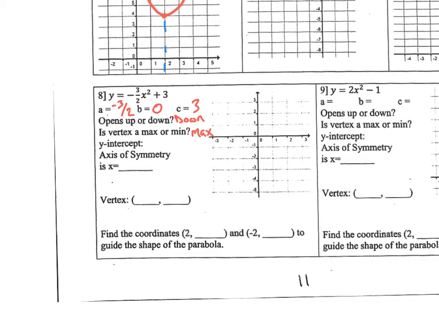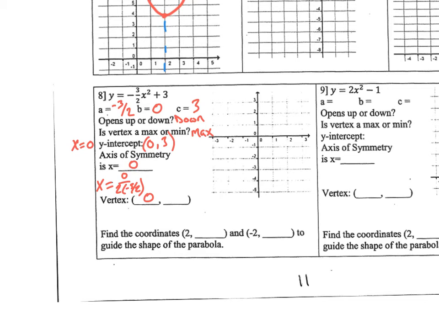What is the y-intercept? We'll plug in x is 0. When you plug it in, you'll see you'll get 0, 3. Axis of symmetry, negative b over 2a. So that would be really 0 over 2 times negative 3 over 2. And anything with 0 on top always comes out to be 0.